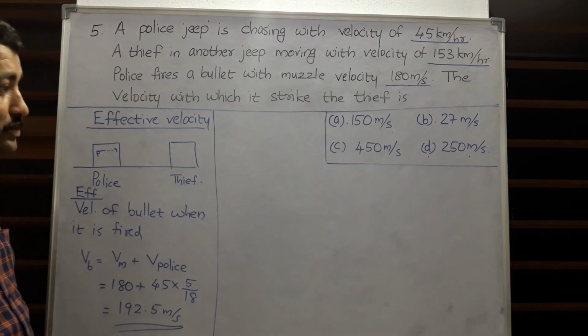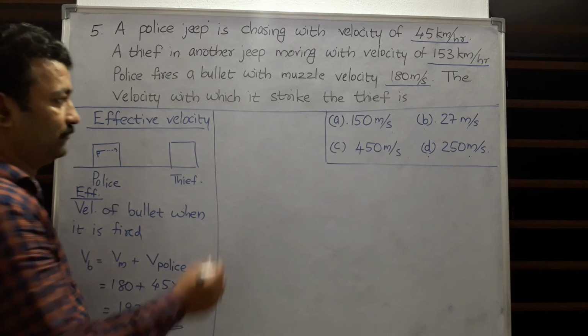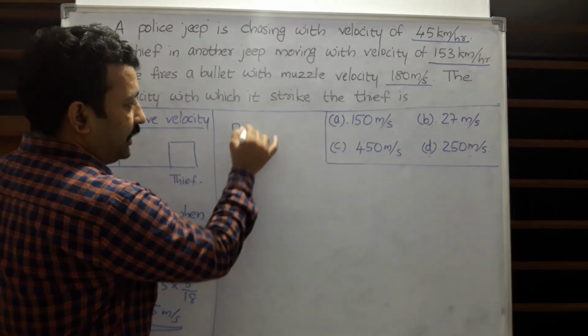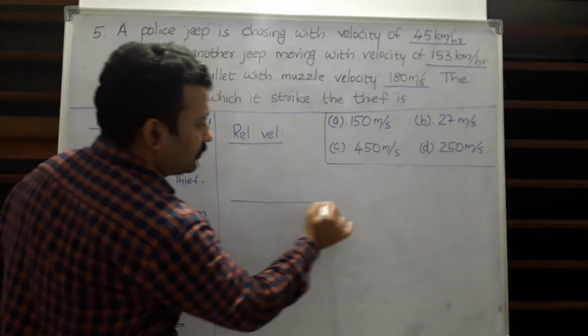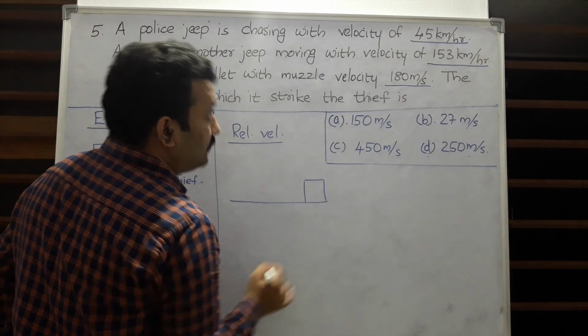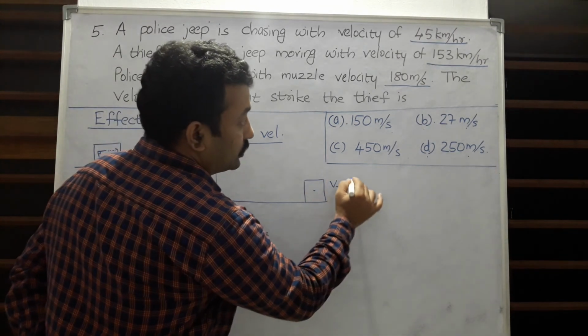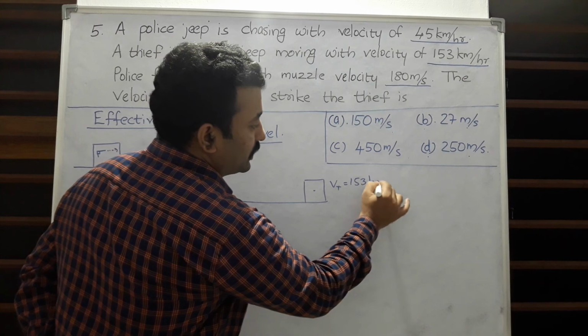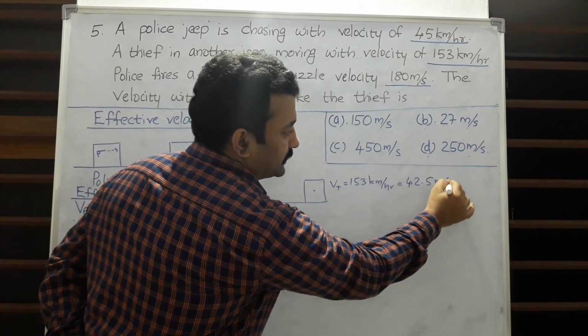Now the next question is, with what velocity does it strike the thief? For that we have to take the relative velocity concept. We have a thief who is moving at a speed of Vt equal to 153 km per hour, which is equal to 42.5 meter per second.